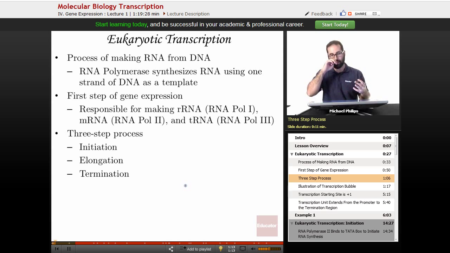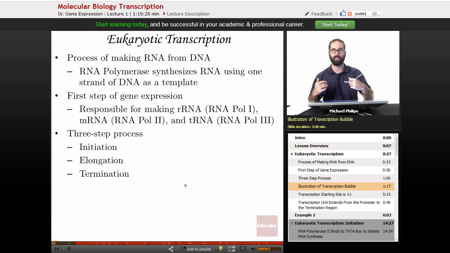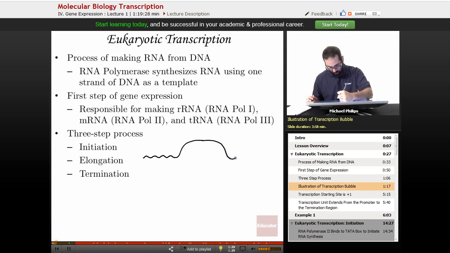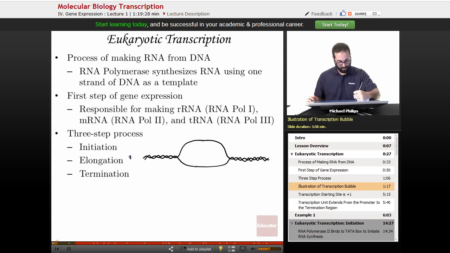We'll talk about each one of these in depth, but let's first show you what a transcription bubble would look like. So here's our DNA.